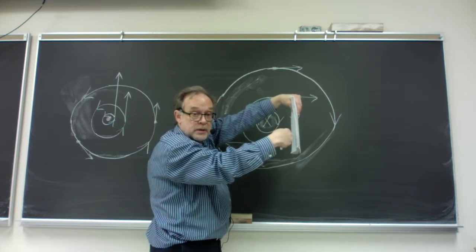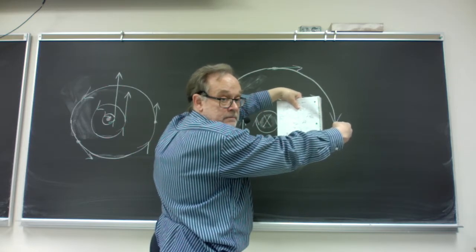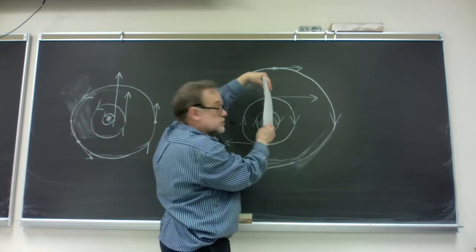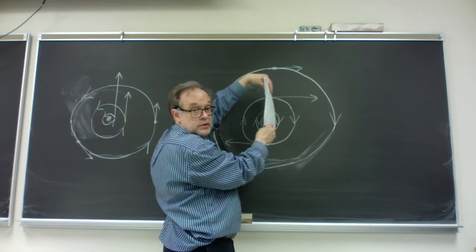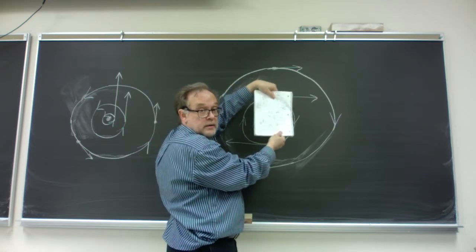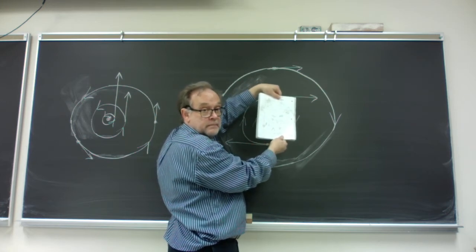Now I'm just twisting my point of view 90 degrees, so the current is still moving from the right edge to the left edge of the paper. And this vertical plane in which the current sits, we're now viewing not the edge of that vertical plane, but the whole plane.